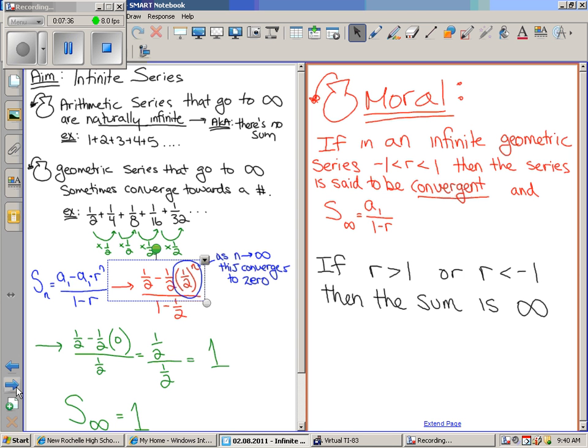Every time that fraction gets multiplied by itself, it shrinks smaller and smaller to a point at which you would be adding something so small, it really wouldn't even change the sum that you already had. Do you know what I mean? And so you would approach a number.